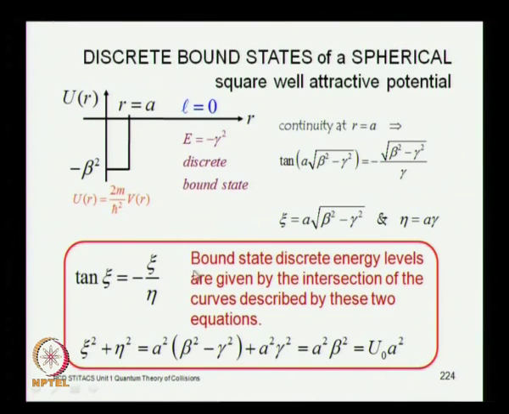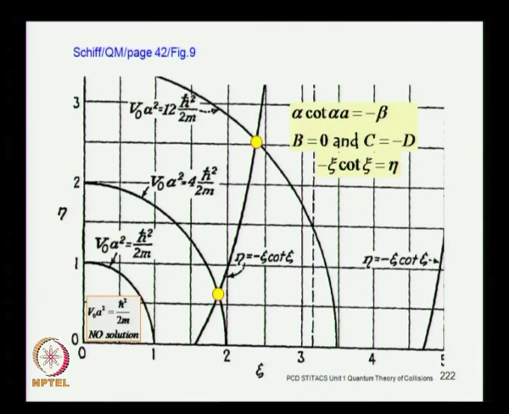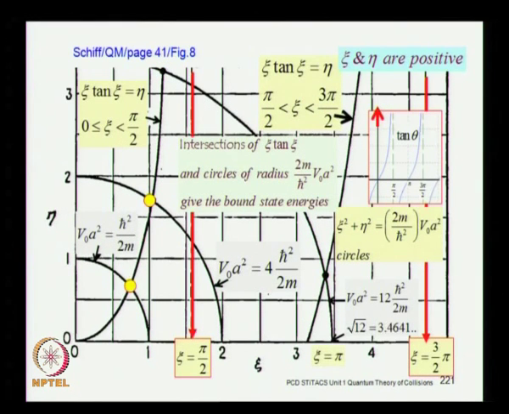but for a one dimensional square well we had xi tan xi equal to eta, whereas in this case it is eta times tan xi equal to minus xi. So, the family of curves this time is different. Okay. So, if you remember here, this relation was xi tan xi equal to eta.